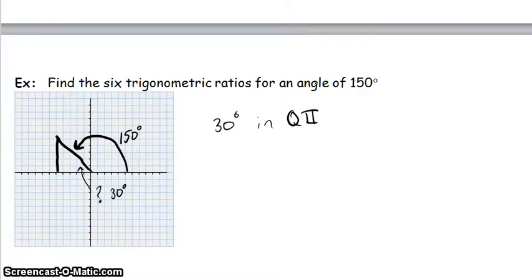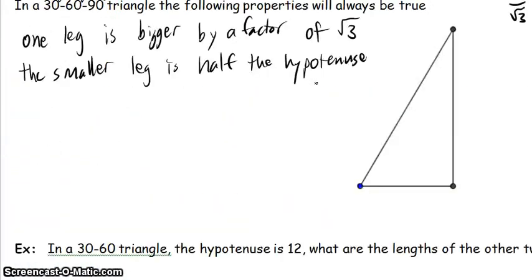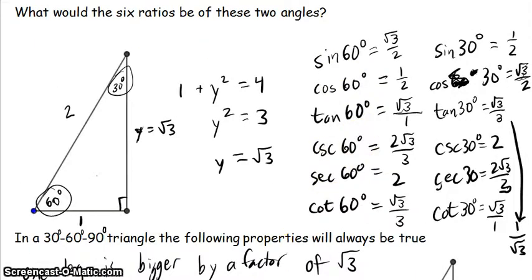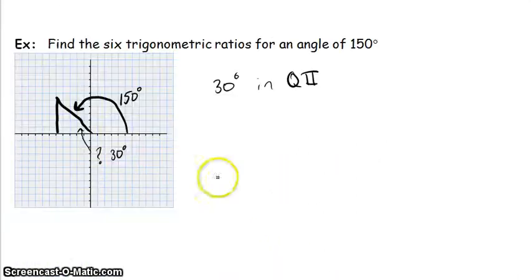So we have to go look at every single thing that we got from 30 degrees, all of these up here, but then we have to ask ourselves, well, we're in quadrant 2.